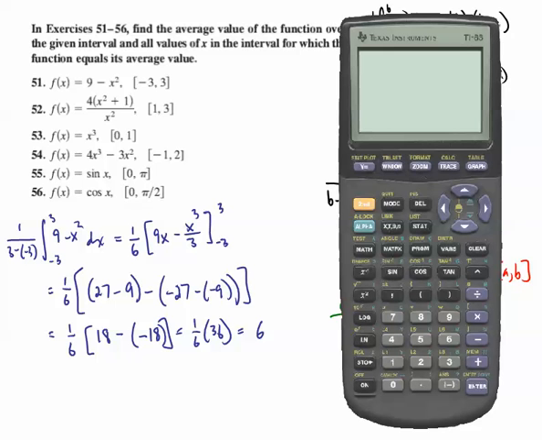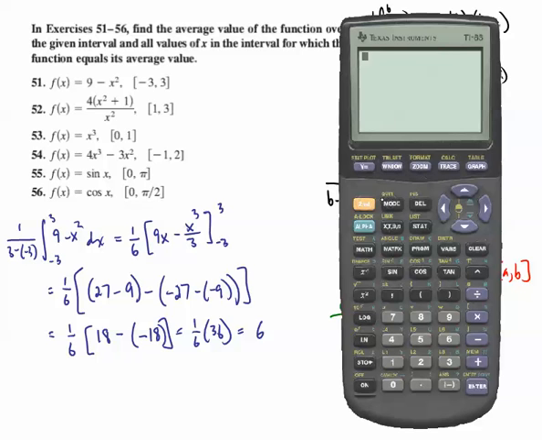Now on the calculator, I'm going to show a little bit different way of doing this than we've been doing in the past. It's another strategy that's also very helpful. So we're going to start off by putting our function into y1, and that is 9 minus x squared.